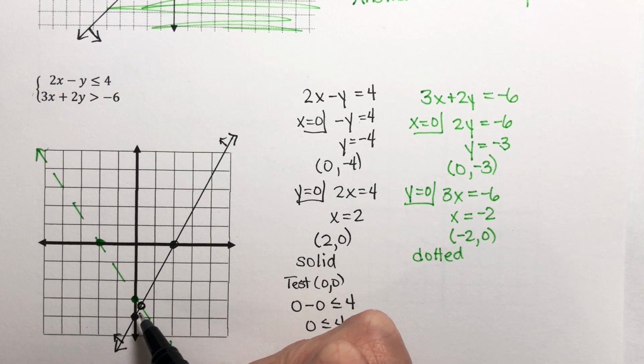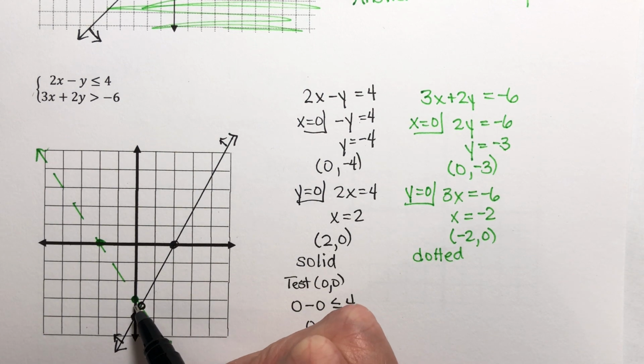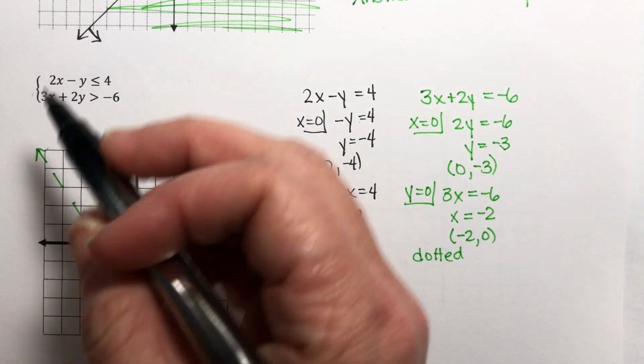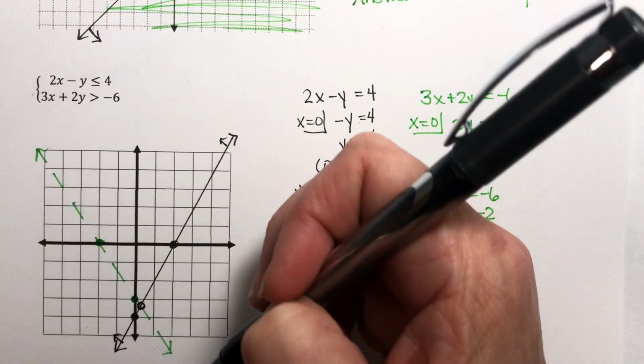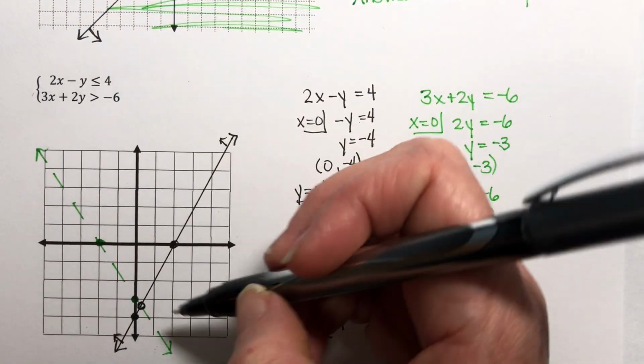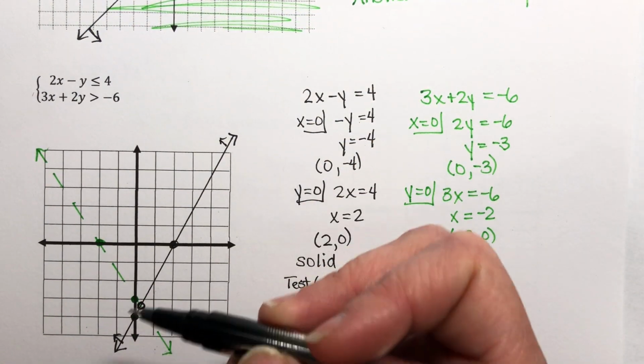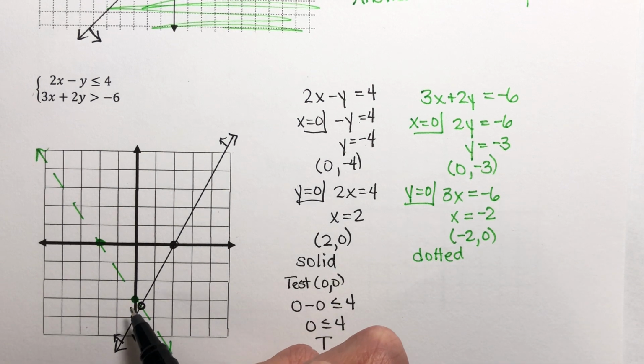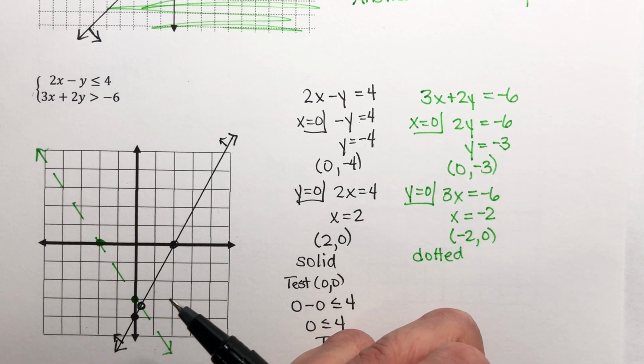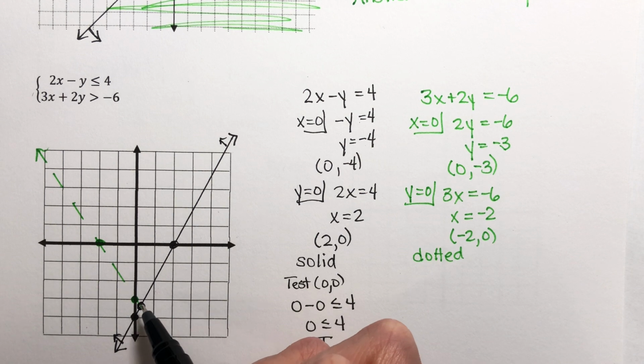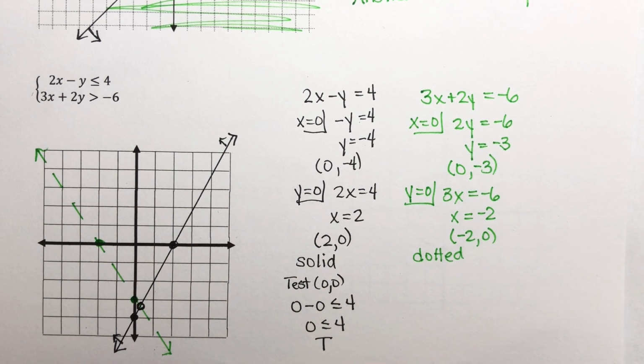This is the equivalent of having a hole in a rational function graph. Okay, this point right here, since it's not included, it is included in this one, but this one takes precedence. If it's not part of this one, it's not part of the overall solution. Okay, so since I don't believe the computer makes you do it, this is more for those of you who are going on to pre-cal or calculus and so on.